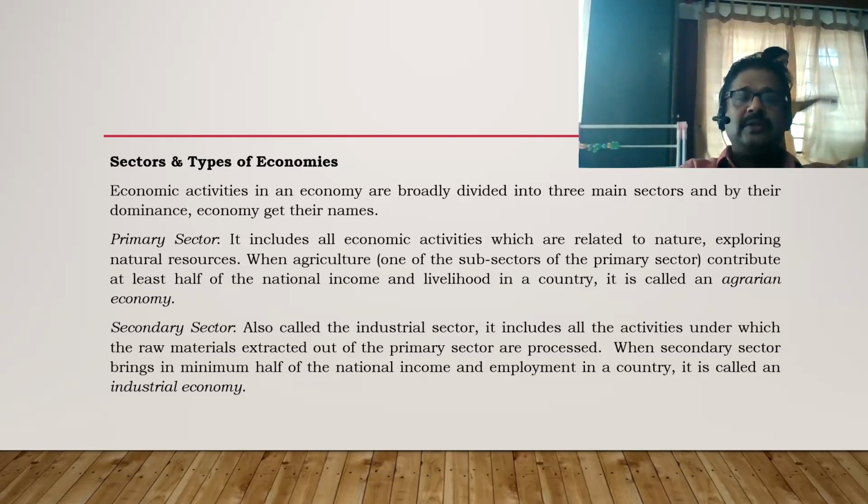So primary sector has several subsectors, just as I have said now. But among these, the main subsector is agriculture. So when this subsector agriculture is dominating in an economy, we call that economy an agrarian economy.